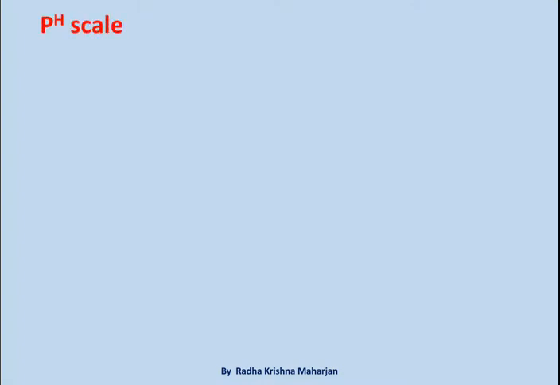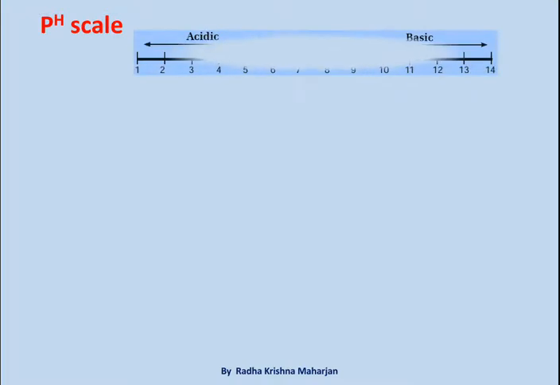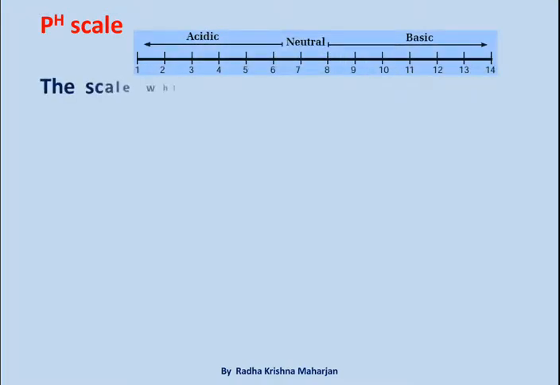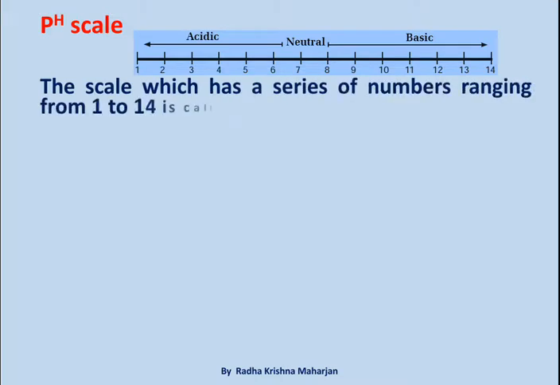pH scale. The scale, which has a series of numbers ranging from 1 to 14, is called pH scale.